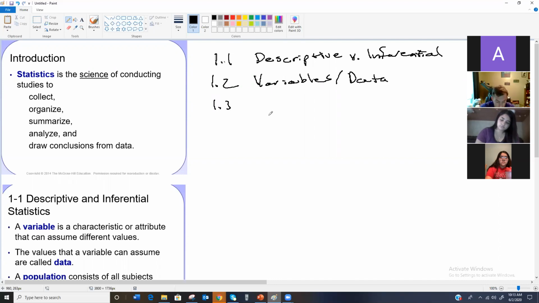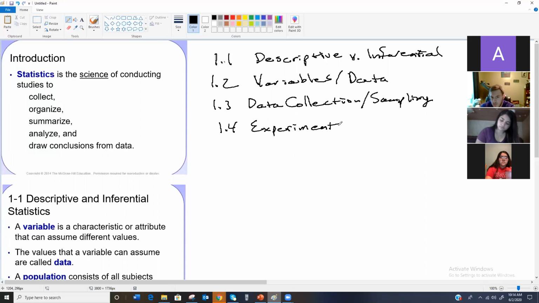In 1.3, we're going to talk about data collection and sampling techniques. And then in 1.4, we're going to talk about experiments. It's technically called experimental design, but we're going to talk about what type of experiments you can do.